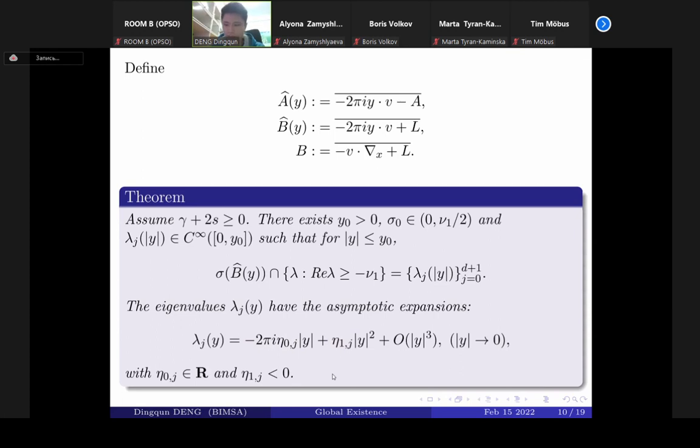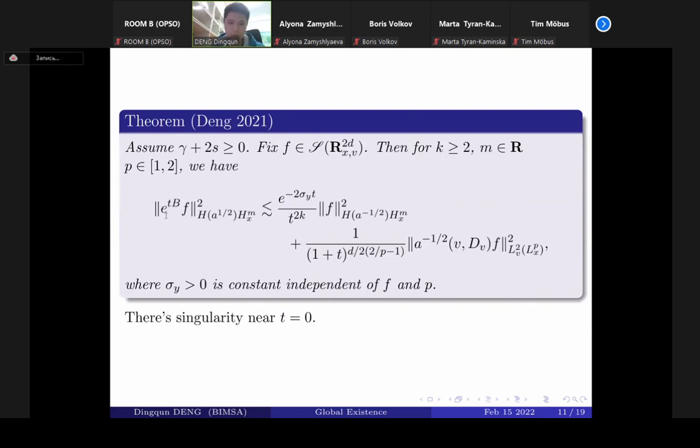Next, we can prove that the semigroup generated by B has the following time asymptotic behavior. The first part decays exponentially, and the second part has binomial decay.